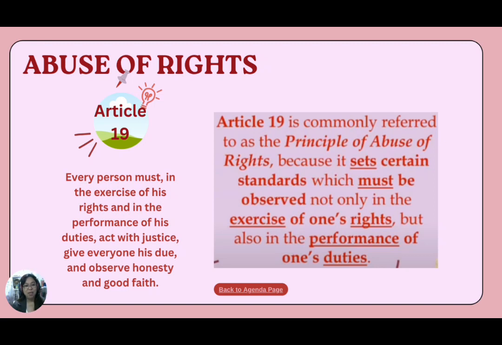Okay. So I have here an example, teka lang, i-ano muna natin. What are the requisite muna of abuse of rights? Ano ba yung dapat nandun para ma-consider natin na abuse of rights siya?